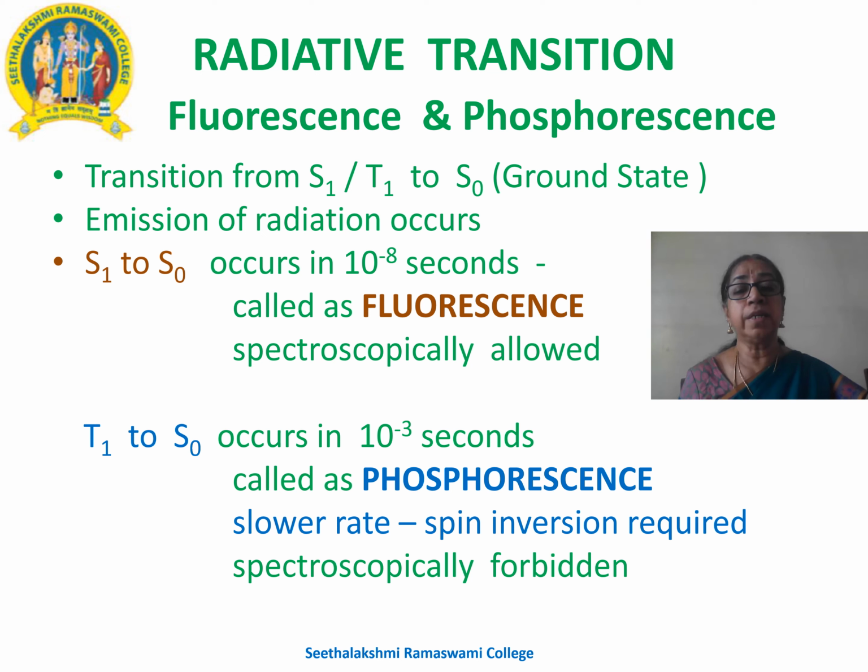The points that should arise in our mind as soon as we hear the term phosphorescence are that it occurs at a slower rate, and there is emission of light radiation, but the emission extends for some time even after the light source is cut off.